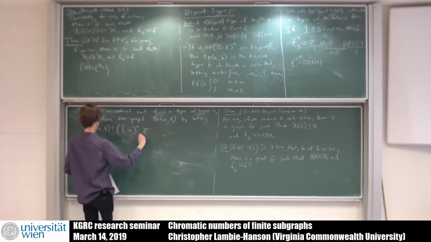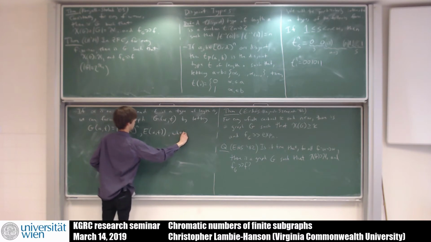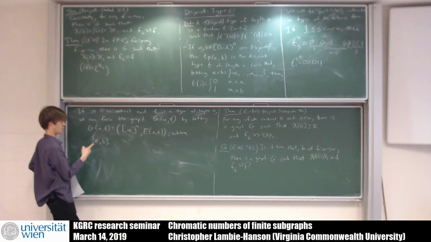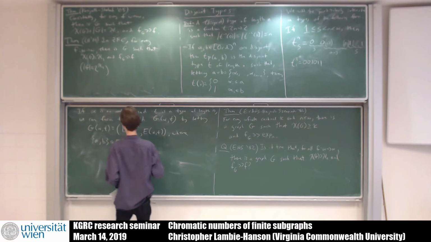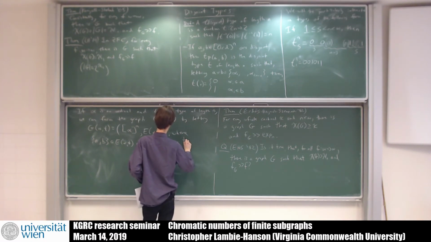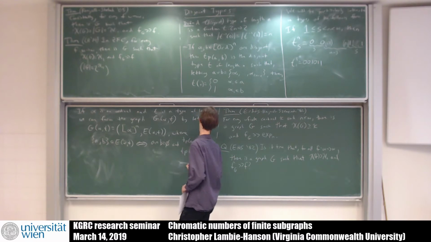And then there will be an edge set, E alpha T, where a pair A B of n element subsets of alpha is an edge if and only if A and B are disjoint and the type of A B equals T, or to make it symmetric, the type of B A equals T.